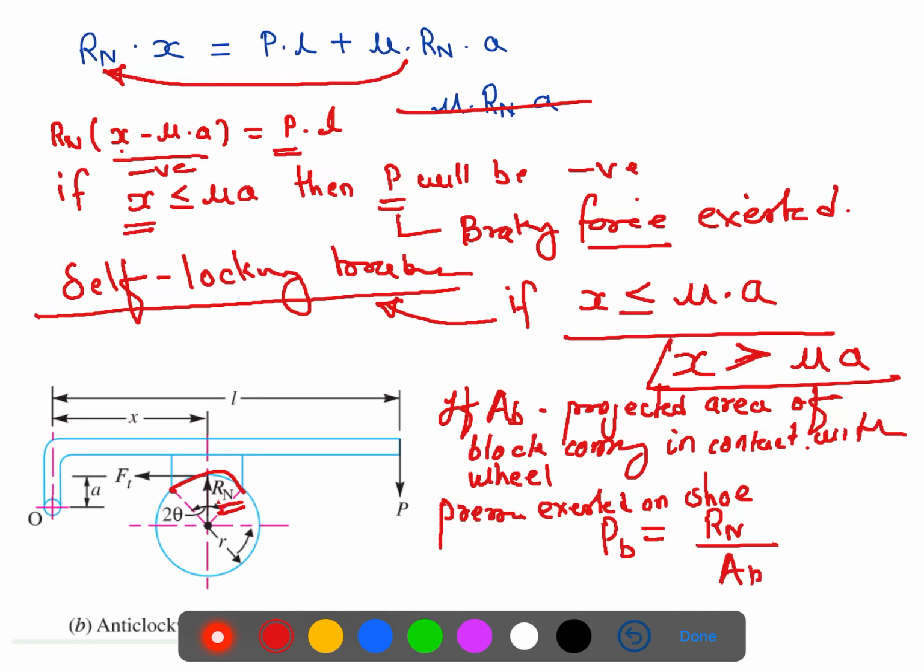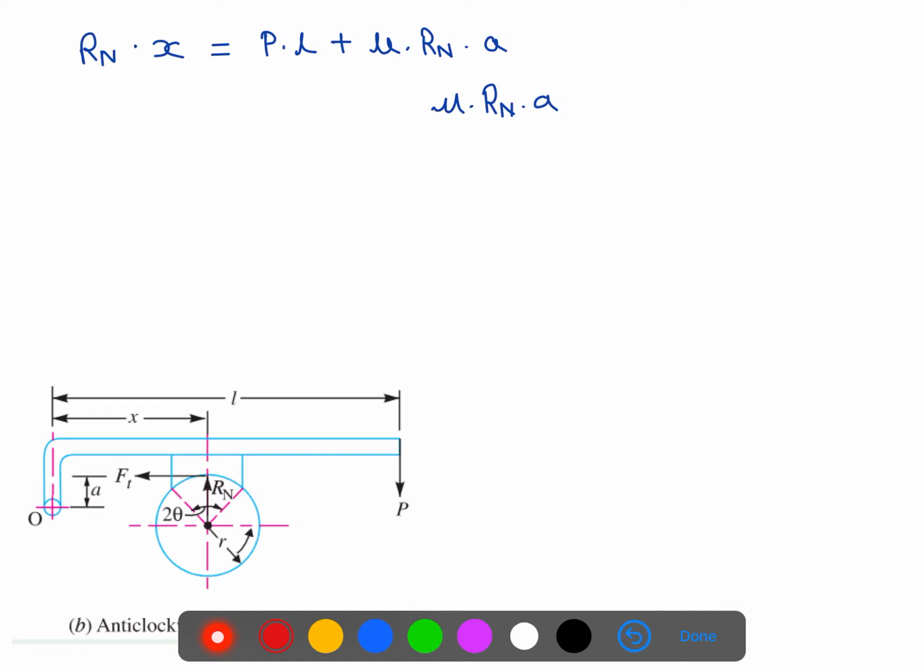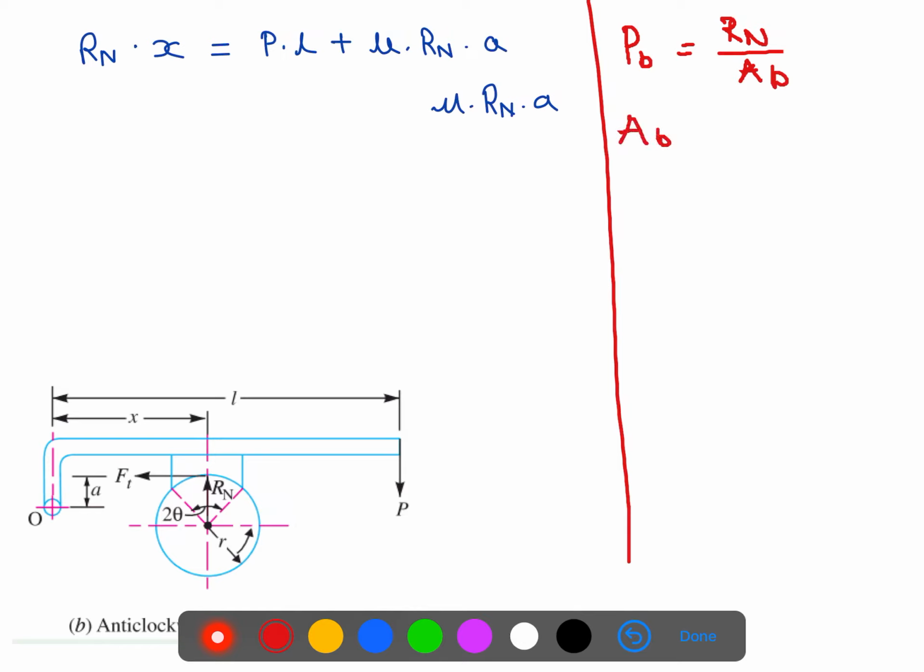So I can write down over here, that is pressure PB exerted on the shoes is equal to Rn divided by AB. Now this AB is nothing but width of the shoe multiplied by projected length.